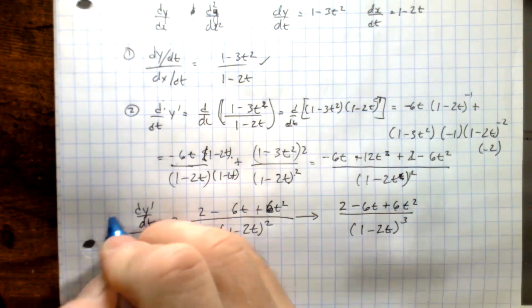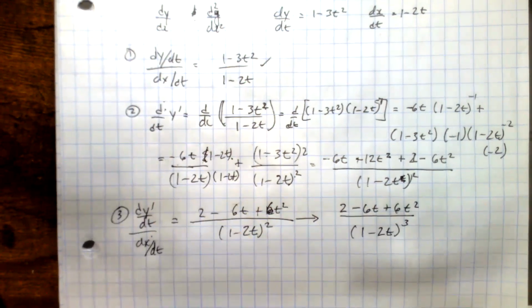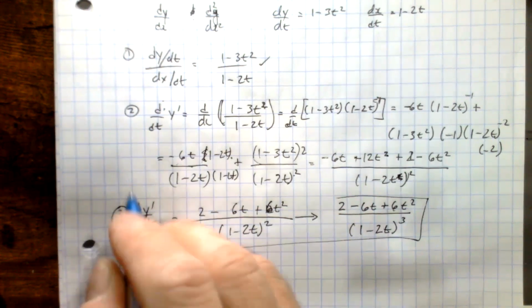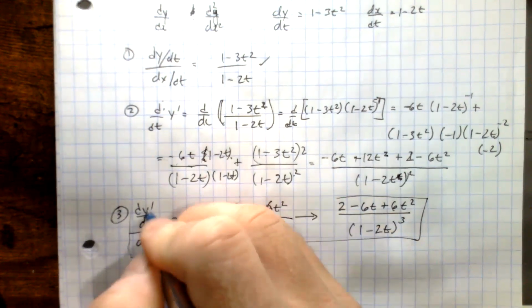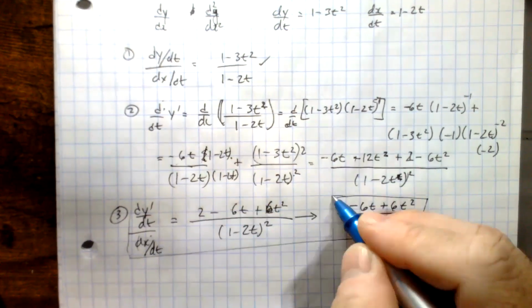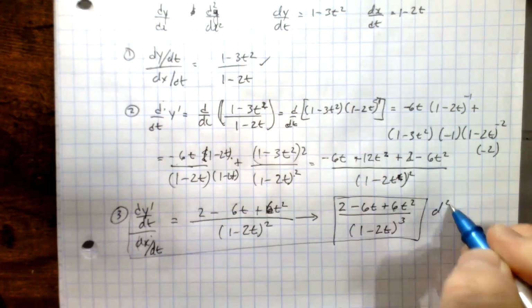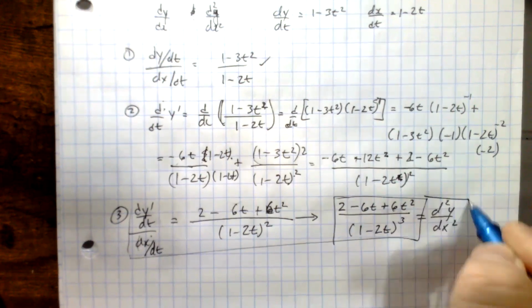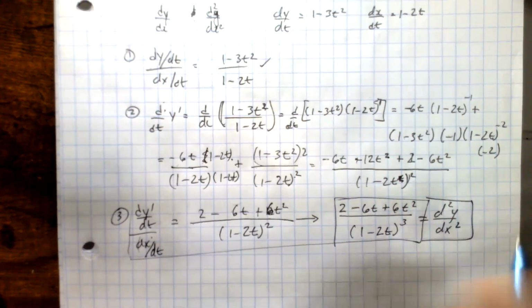So this becomes step 3, dividing that whole thing now by that. And so this is the second derivative. Once we do this division, this right here becomes d squared y over dx squared, which is what we were looking to find. I hope that was helpful, and I will see you in the next video.